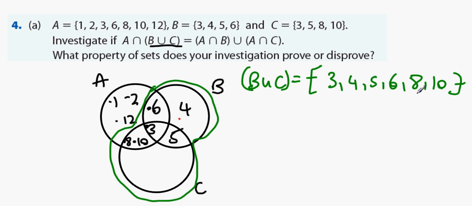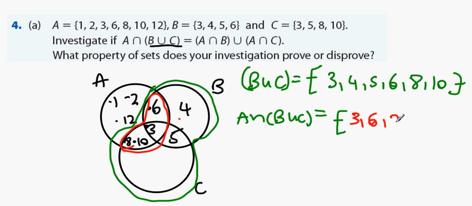And now we have to get A intersection this. Out of these numbers, which ones are also inside of A? The ones that are inside of A are going to be 3, 6, 8, and 10.